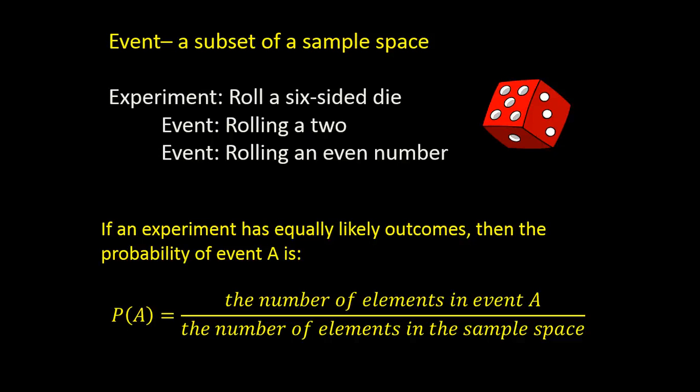And if we look at the events that we're defining and we look at the sample space of the experiment, then we can define probability formally. So if an experiment has equally likely outcomes, then the probability of event A is the number of elements in event A divided by the number of elements in the sample space.